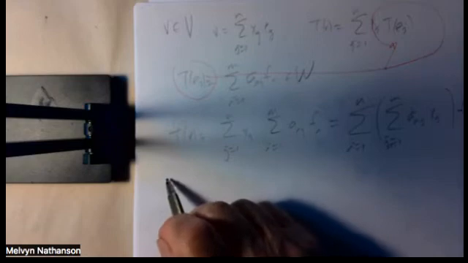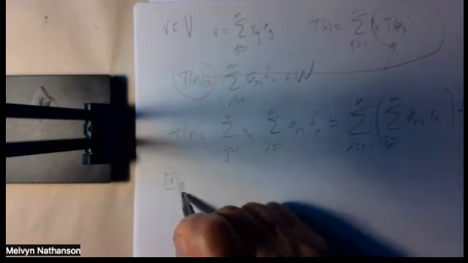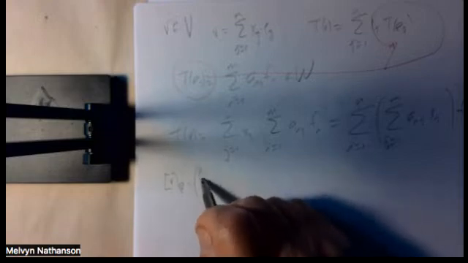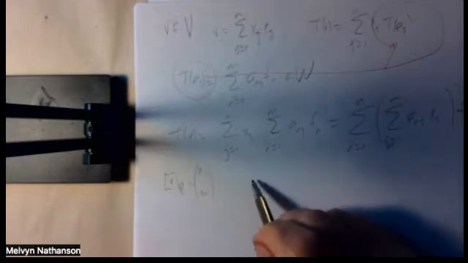So the coordinate vector for V with respect to E was x1 up to xn. The coordinate vector for T of V with respect to the basis F in W, let me call this the summation i goes from 1 up to m, yi fi.